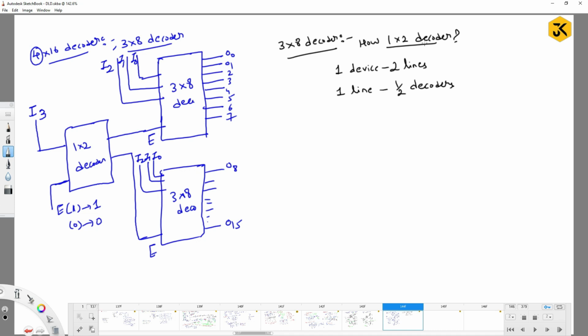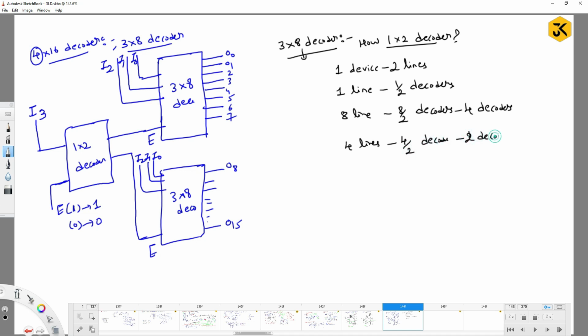But here my requirement is to get 8 output lines. In order to get 8 lines, how many decoders are required? 8 by 2, so 4 decoders are required. For these 4 decoders, you are going to have again 4 lines, so again 4 by 2 decoders are required.